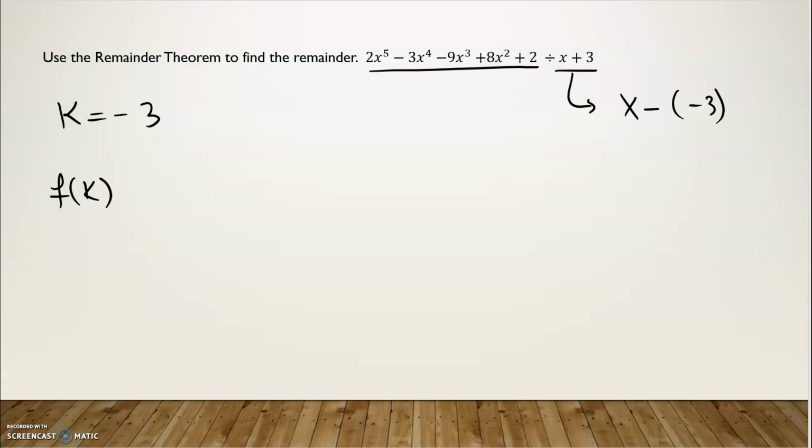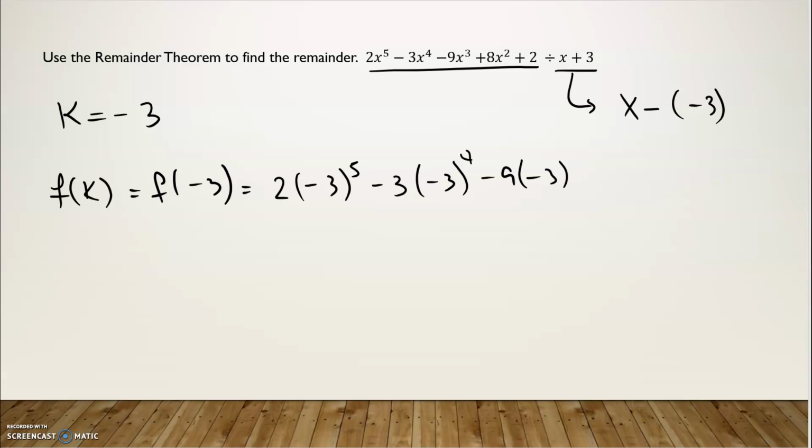So f of negative 3 will be 2 times negative 3 raised to 5, minus 3 times negative 3 raised to 4, minus 9 times negative 3 raised to 3, plus 8 times negative 3 squared, plus 2. A negative times itself 5 times.